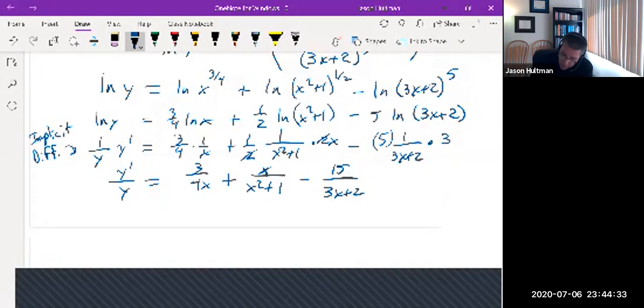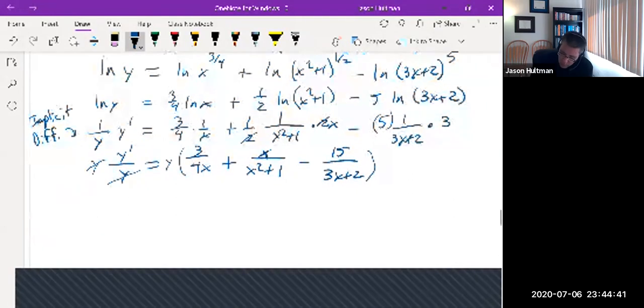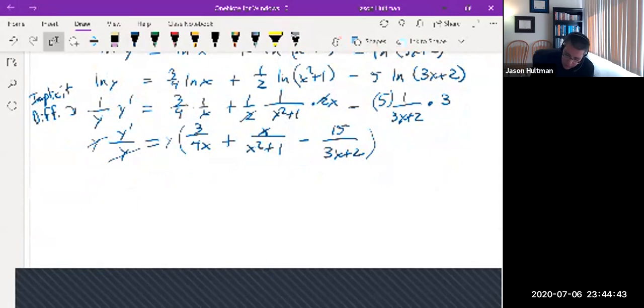Okay, so now what are we going to do with this y? Well, we're going to multiply the y by both sides. And then what is y prime? Well, y prime is equal to y, which is what? That was our original function, wasn't it? What was our original function?